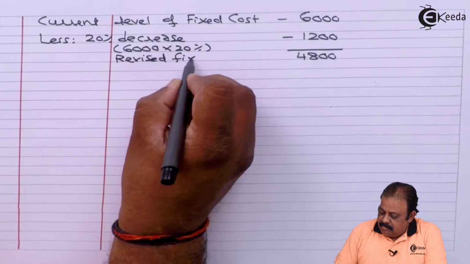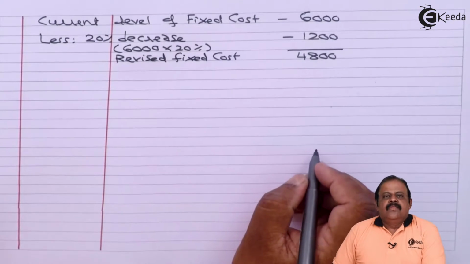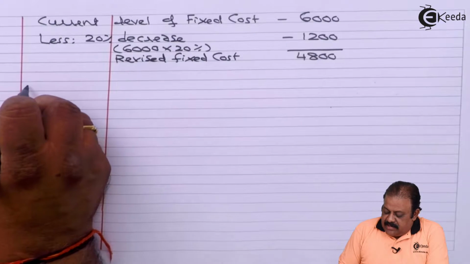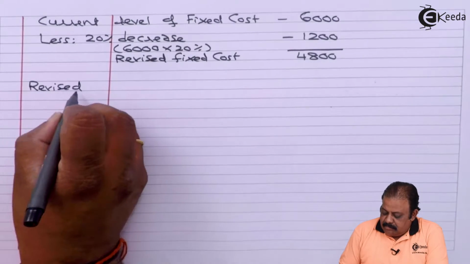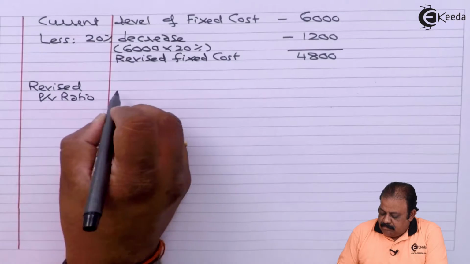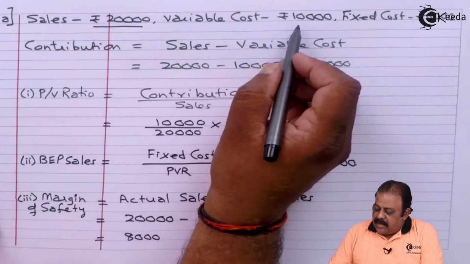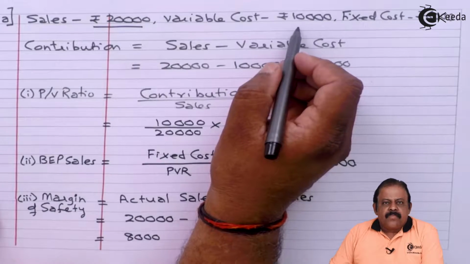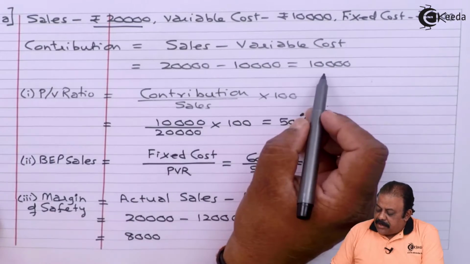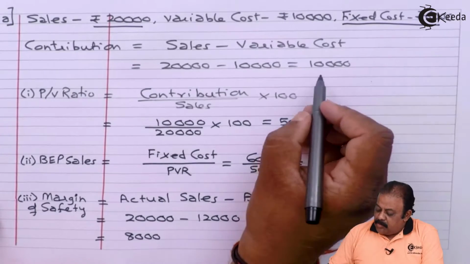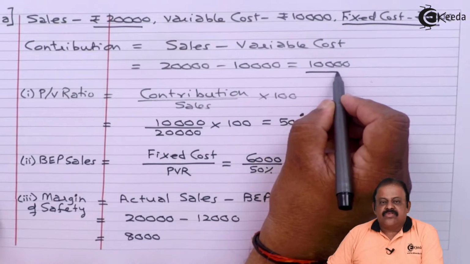Now we are required to calculate the revised PV ratio at this level. Original sales is 20,000. Original variable cost is 10,000. So there won't be any change in contribution because there is only change in fixed cost. So contribution will remain same, 10,000.